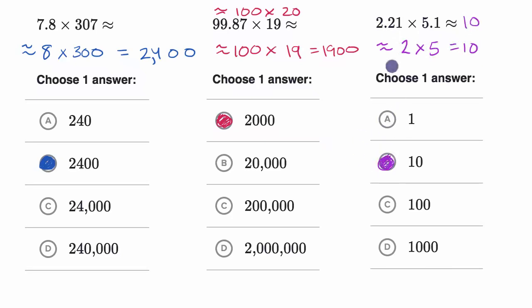Now, some of you might say, well, there's ways to get better estimations that you could still do in your head. So, for example, you could say that this is approximately equal to 2 times 5.1. This is still pretty straightforward to do in your head. This would be 10.2. But you'd still say that this is by far the closest one. Or you could even say something like this is approximately equal to 2.2 times 5.